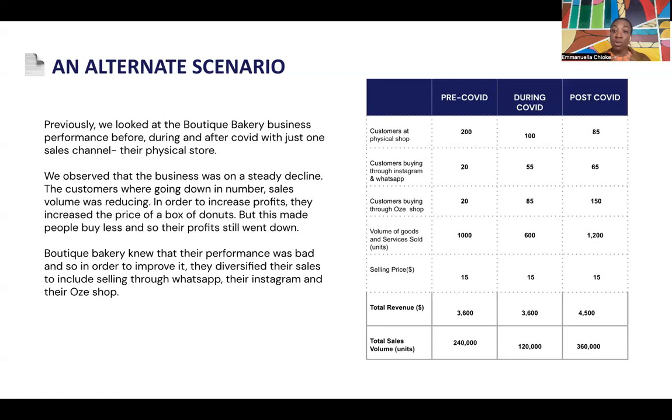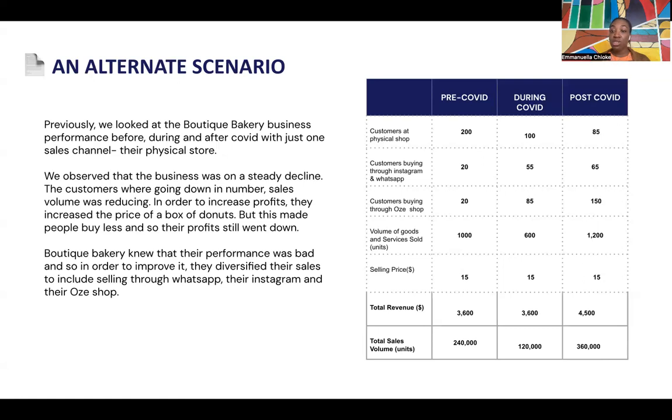So, beyond just the physical shop that they had, they also had customers who were placing orders for their business through Instagram and WhatsApp. They also had their Ozy Shop set up, so people could buy some of these donuts and other bake products from their Ozy Shop.